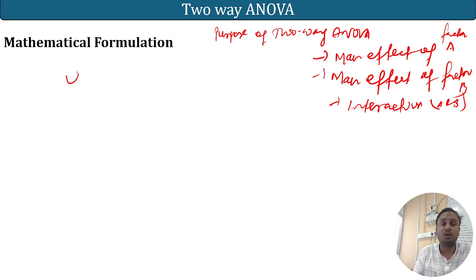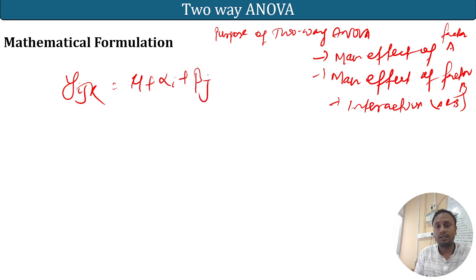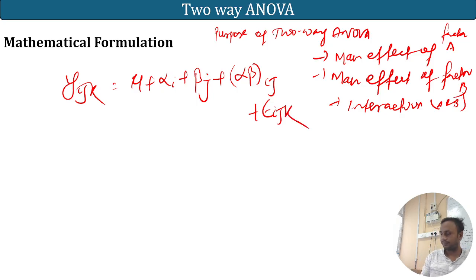But I think we have already seen Y_ijk is equal to mu plus alpha_i plus beta_j plus (alpha beta)_ij plus error. Here mu is the mean, or overall mean.